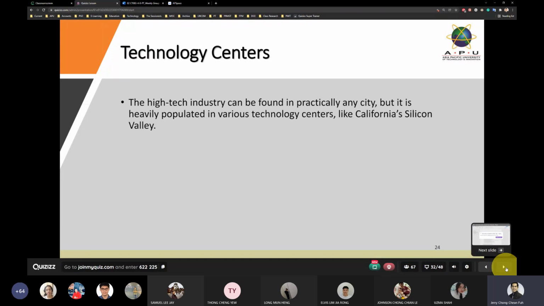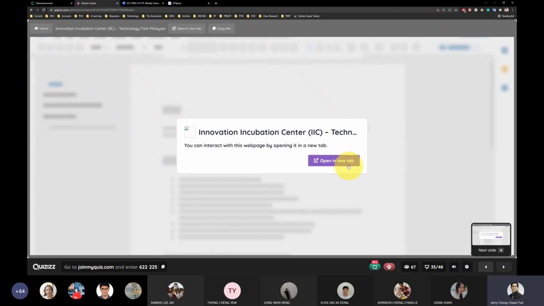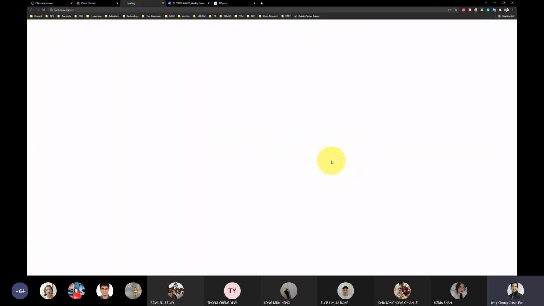There are more and more technology centers that have been created to support these technological advances, as well as to help businesses do better. We do not need to go far to find an example of a technology center.